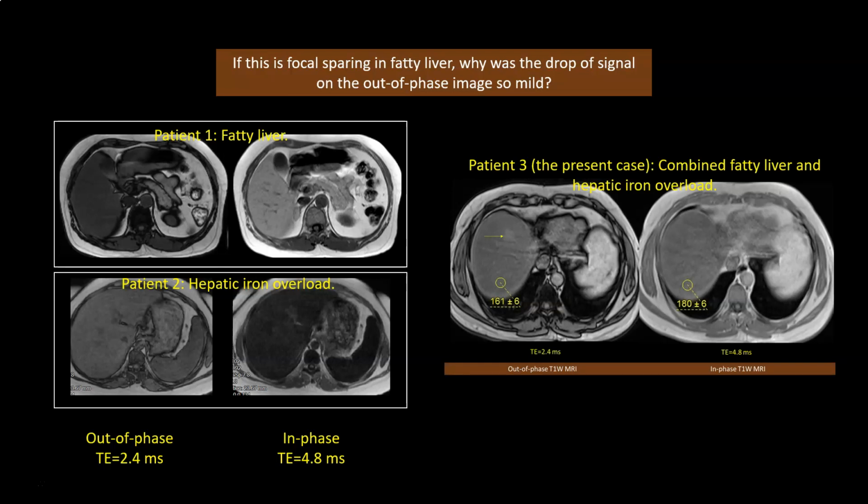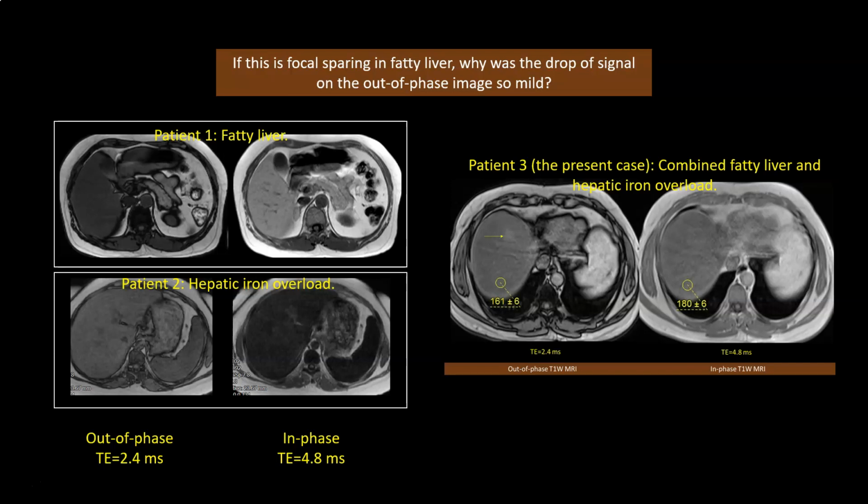This liver is assumed to have iron overload and fatty liver. The fatty liver was obvious enough to show the focal parenchymal sparing, and the iron overload is responsible for the drop of signal in the in-phase images, which makes the difference in signal intensity between the two very mild.